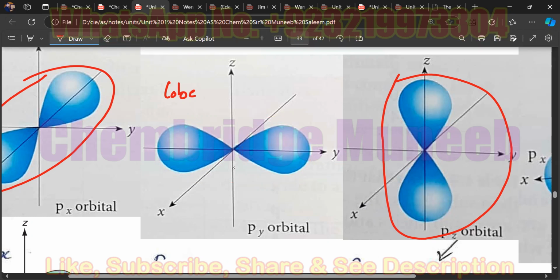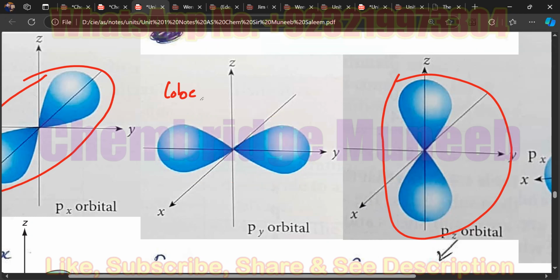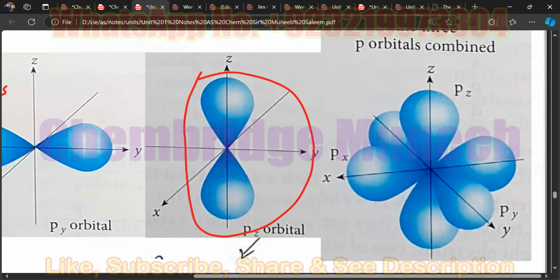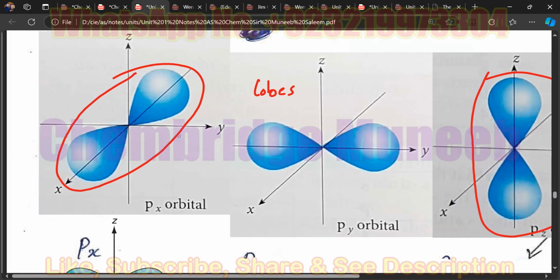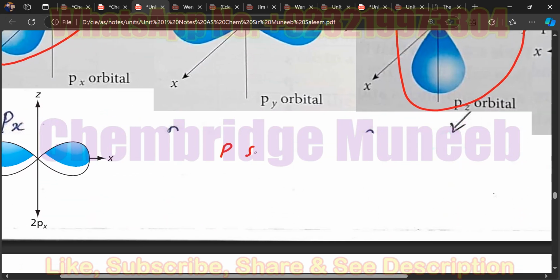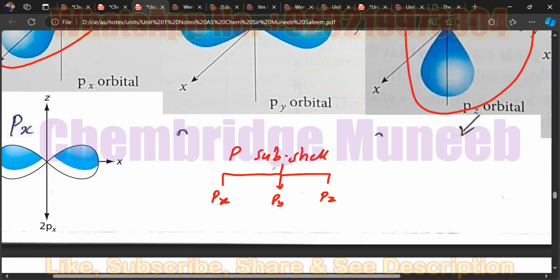So this shape has 2 lobes, left and right. This shape has 2 lobes, and this shape again has 2 lobes. These are basically the orbitals of the p subshell. We call them orbitals. So the p subshell has 3 orbitals: px, py and pz. Is that clear?